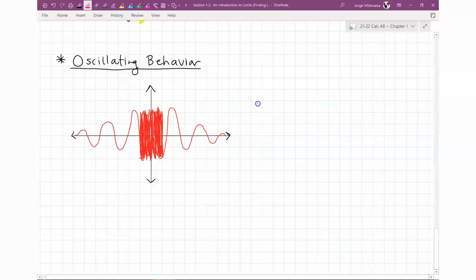This function is sine of 1 over x. So go ahead and graph it on your graphing calculator so you can see that I'm not just making something up. This is actually what the graph is going to look like. Okay, it's a big old mess in the middle.